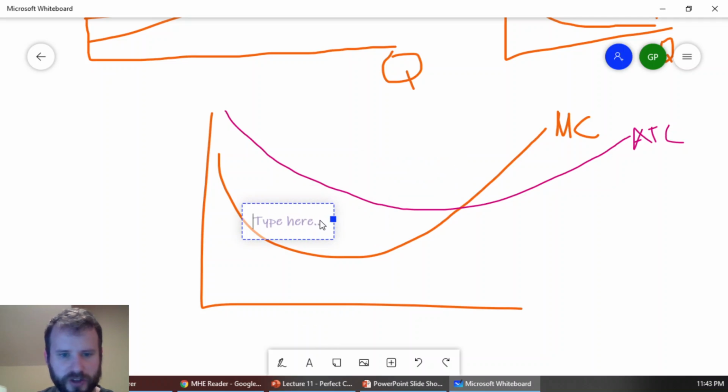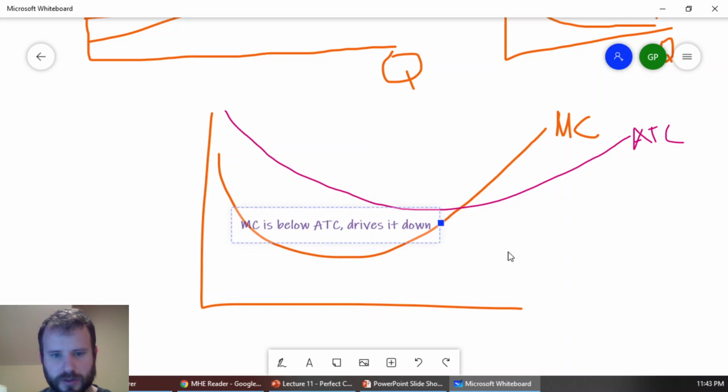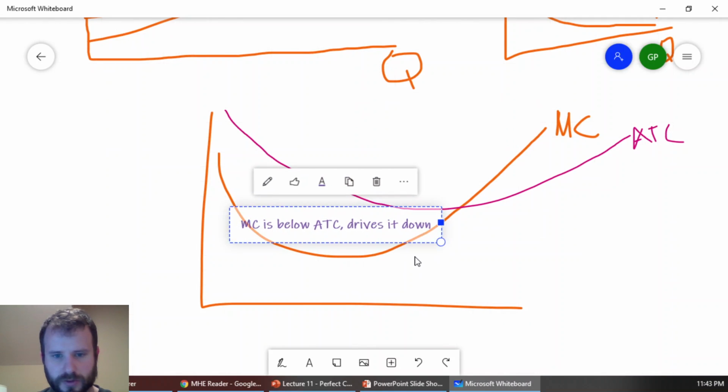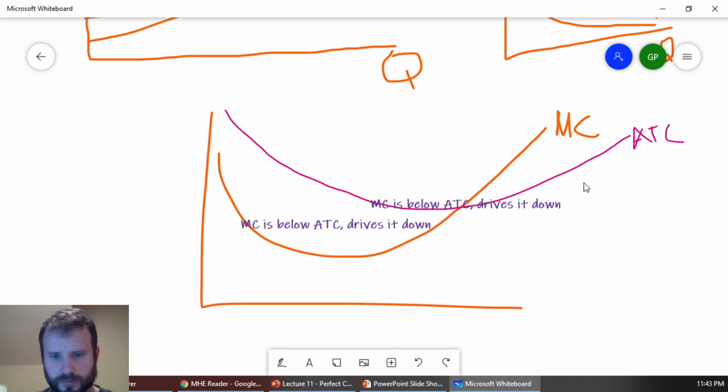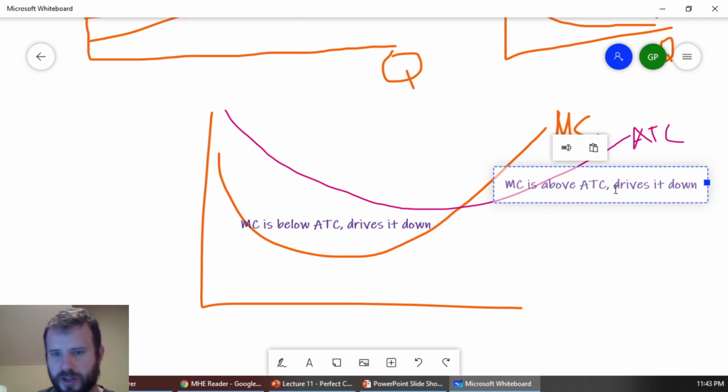So your marginal cost here sees below ATC, drives it down. At this point, your marginal cost is driving it up.